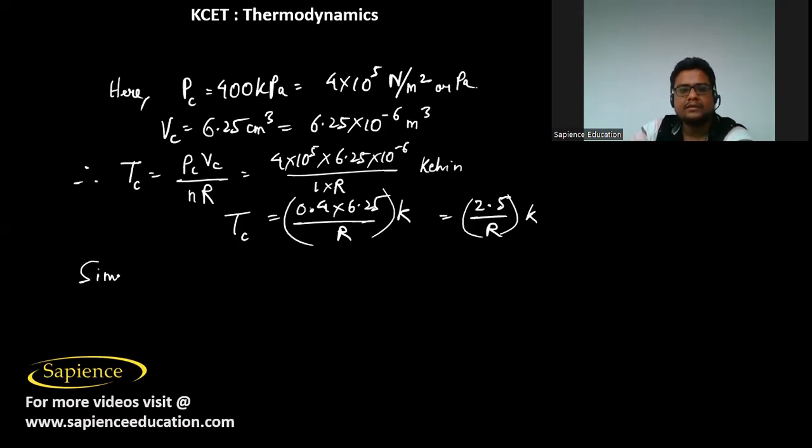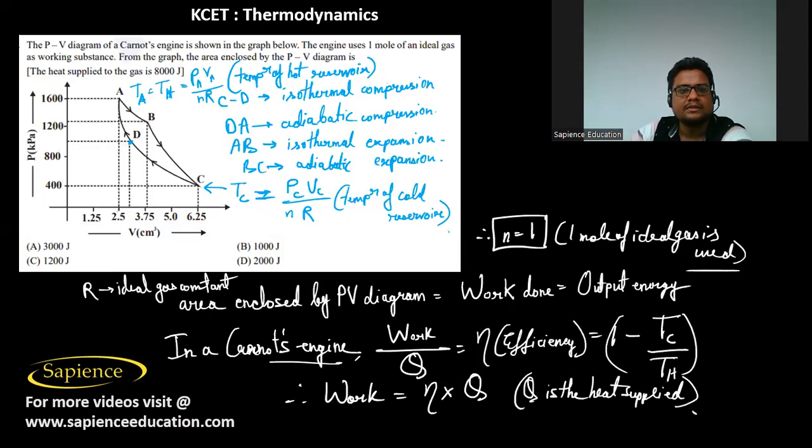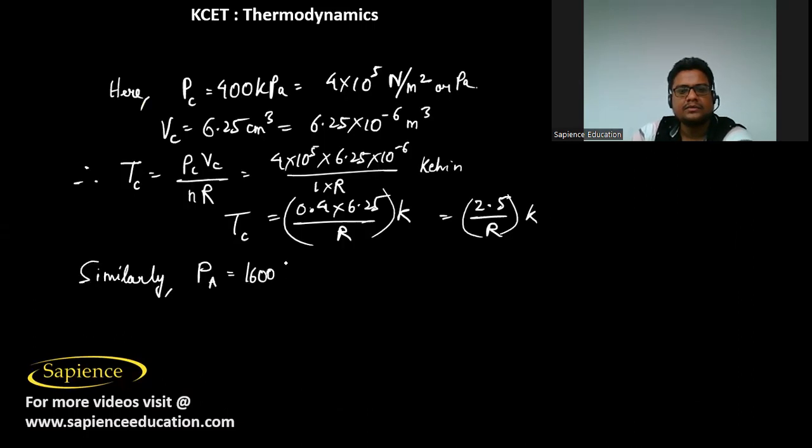And similarly, we can find the temperature of the hot reservoir, which is TH. The pressure at the point A is given as 1600 kilopascal, which I can write as 1.6 into 10 power 6 Pascal or Newton per meter square.